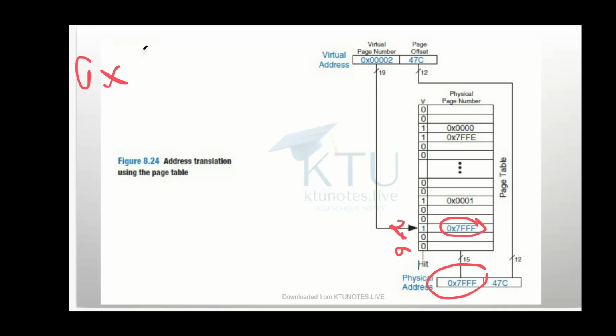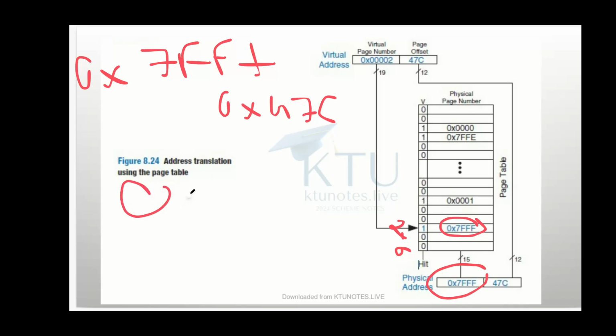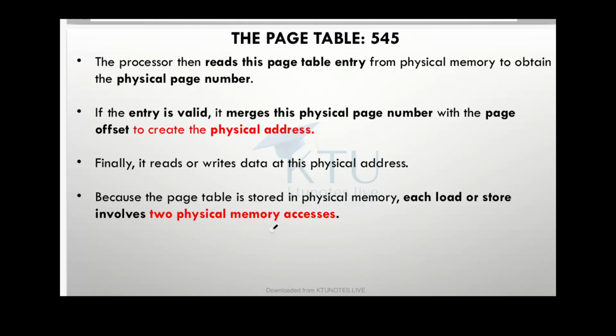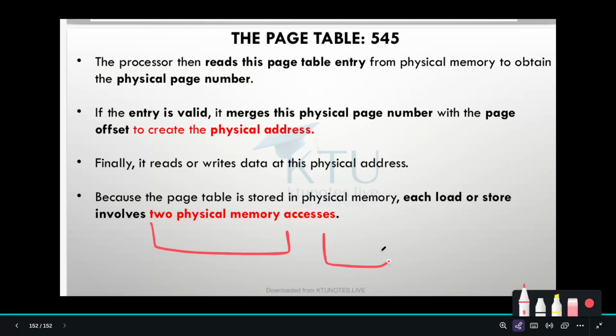So 0x7FF plus the offset 0x47C gives my final physical address, 7FF47C. This is how you do address translation. I told you there will be two physical memory accesses. To solve this problem, we will use the translation look-aside buffer. In the next video, we will discuss TLB in detail. Thank you.